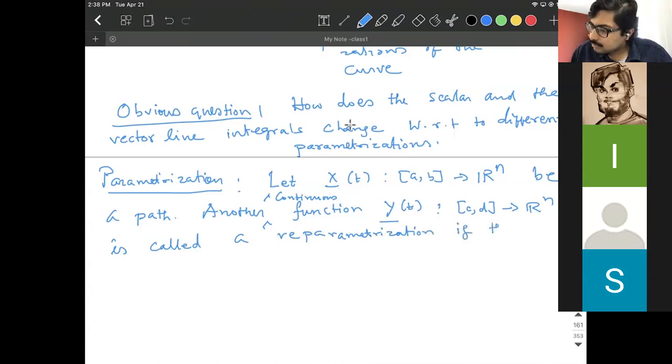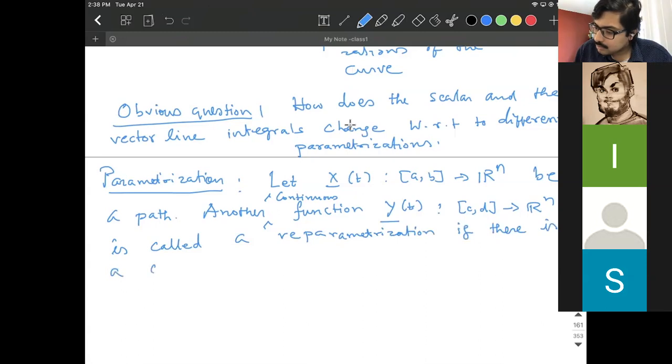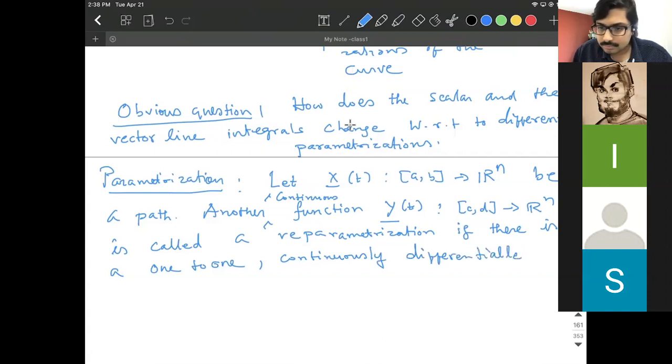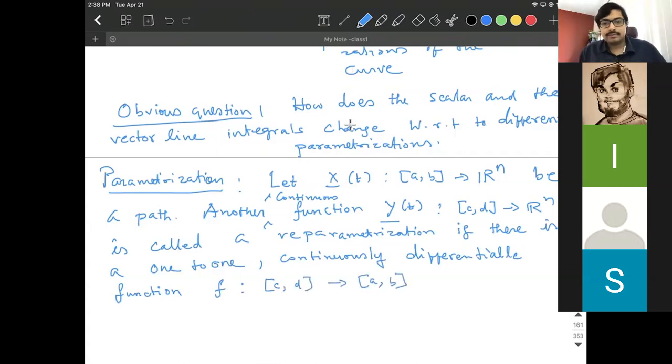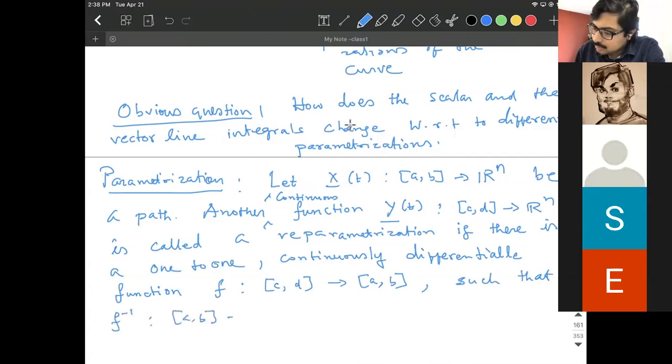If there is a one-to-one continuously differentiable function f from this interval [c, d] to the first interval [a, b] such that the inverse from [a, b] to [c, d] is also continuously differentiable.